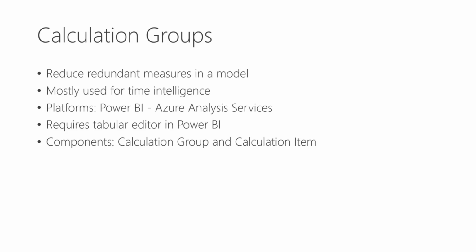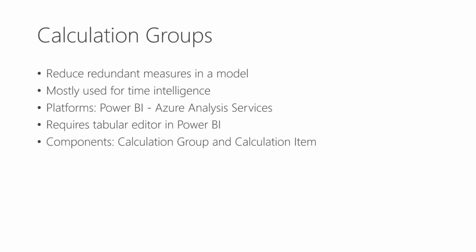Regarding the calculation group itself, it is broken down into two main components. Firstly, you have the calculation group itself, which typically holds multiple items, known as calculation items. Inside the calculation group, you have calculation items.